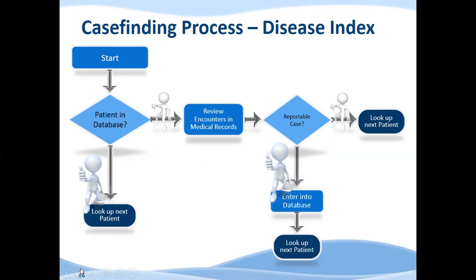However, it's a benign lesion of the brain, and those we are required to enter and report and make an abstract for. So that patient would be entered into the database. Meningiomas are not usually surgically resected, so even though they probably won't go on to have any treatment, they are diagnosed with this reportable case. So we must enter that patient into the database and then abstract it.